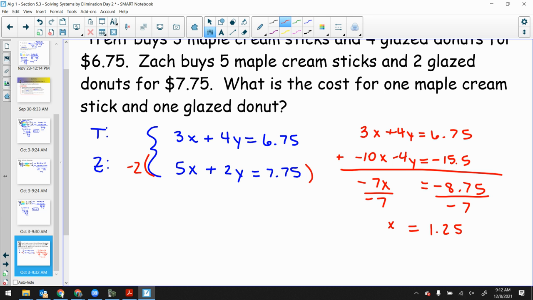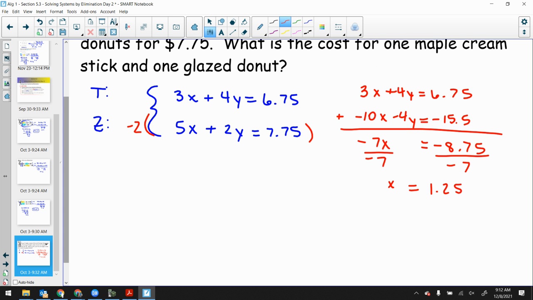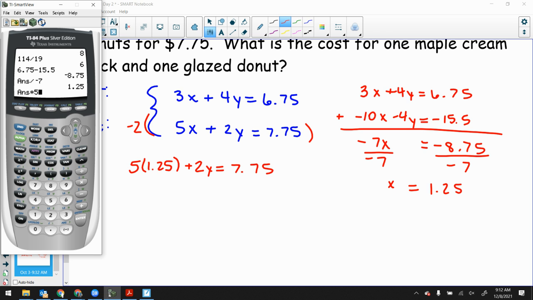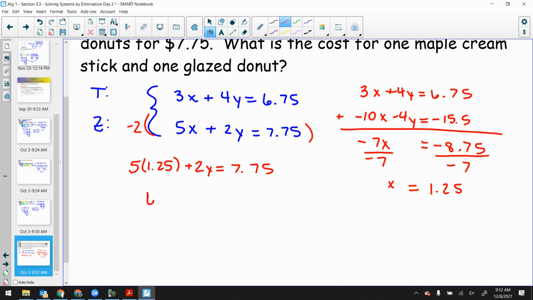Now, let's go back into one of our two equations and solve for the glazed donut price. Let's go into the bottom. Again, that doesn't matter. We want to take 5 times $1.25 plus 2y equals 775. So 5 times $1.25 is $6.25.